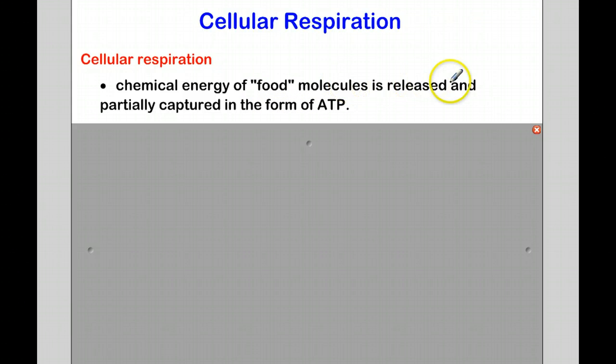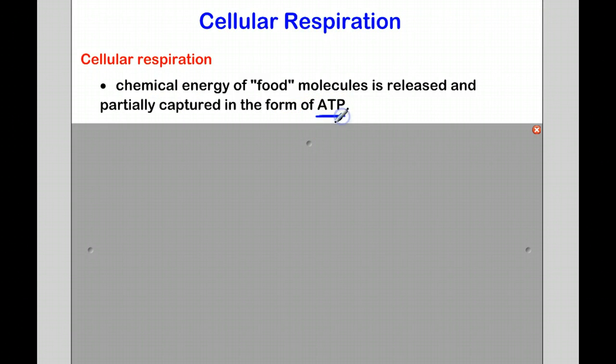The energy in these molecules is released and partially captured in the form of ATP. This is really just a general description of what cellular respiration is. We're using our food energy, breaking it down, releasing it into our bloodstream, and it's going to go through a process called cellular respiration, and we're going to capture some energy in the form of ATP.